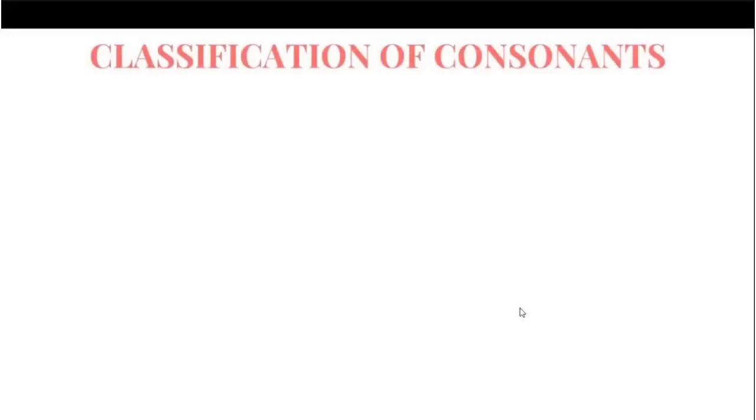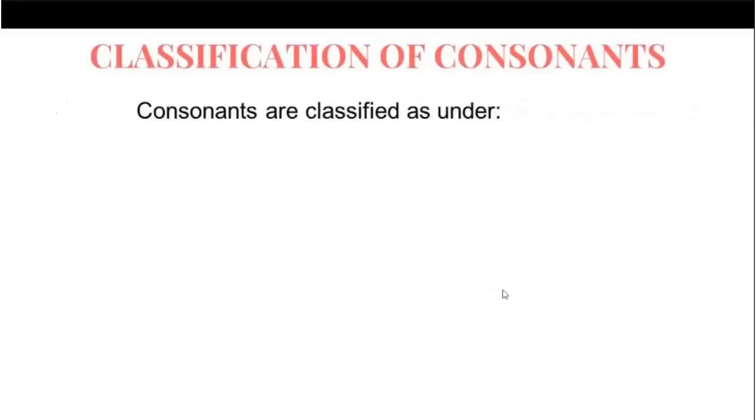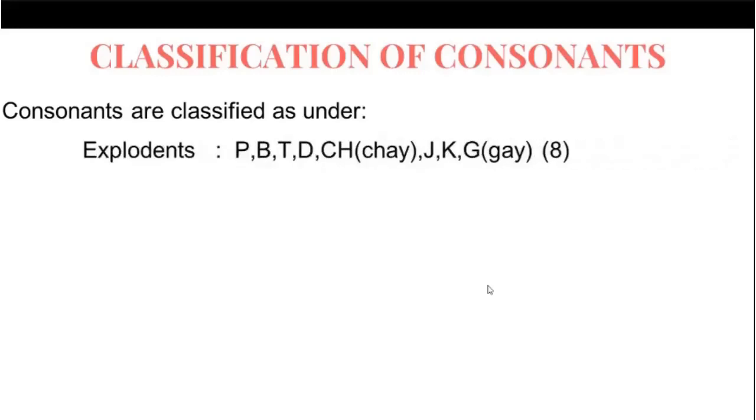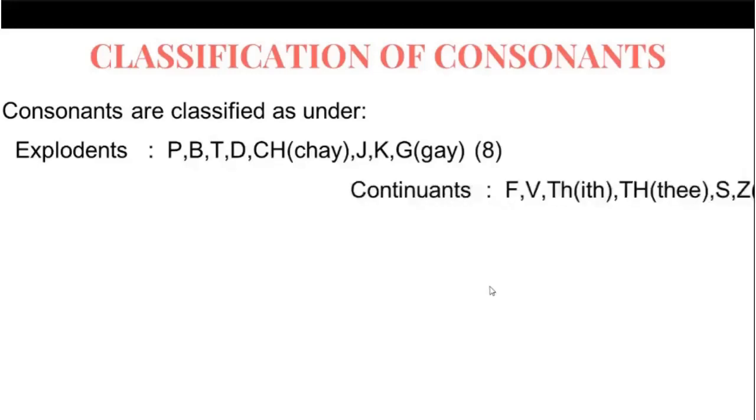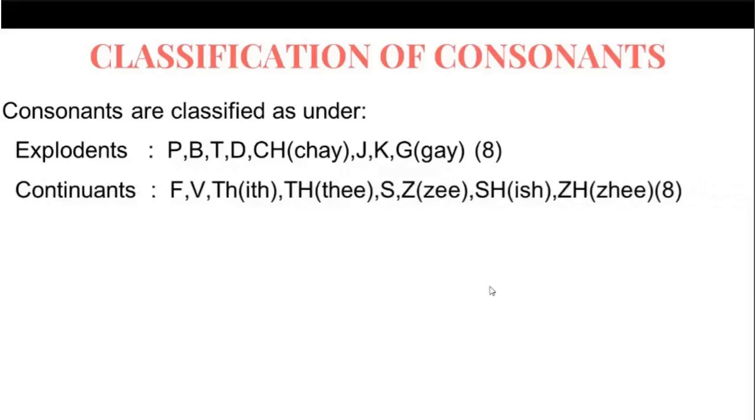Then we come to the classification of consonants. Consonants are classified as follows. The explodents: P, B, T, D, CH, J, K, G. These are 8. The continuants: F, V, TH, S, Z, SH, ZH. These are also 8. Nasals: M, N, and NG. These are 3.